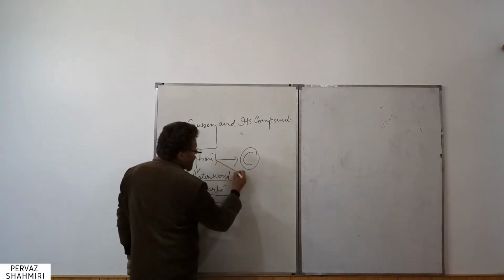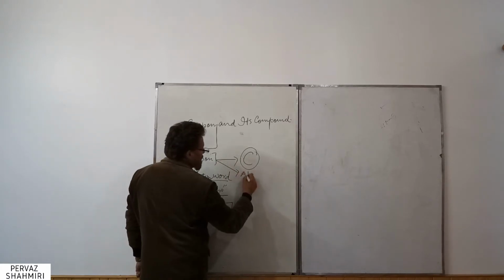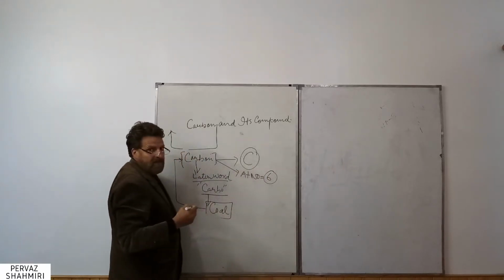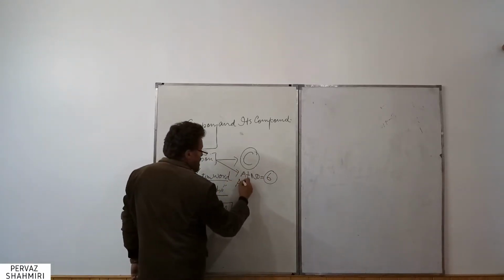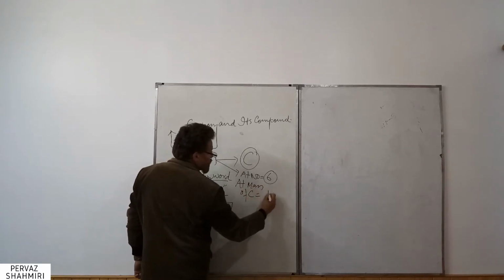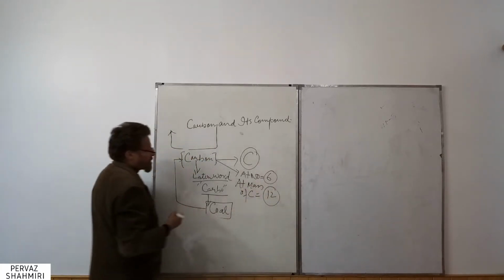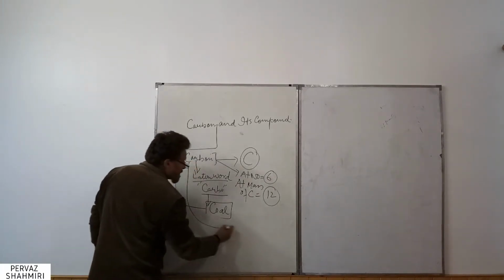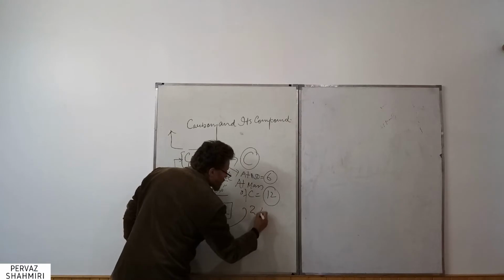and its atomic number is 6, while the atomic mass of carbon is 12. The electronic configuration of carbon is 2 and 4.